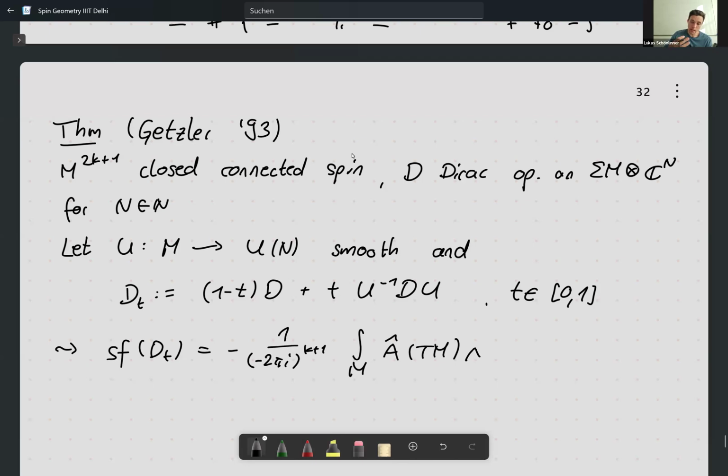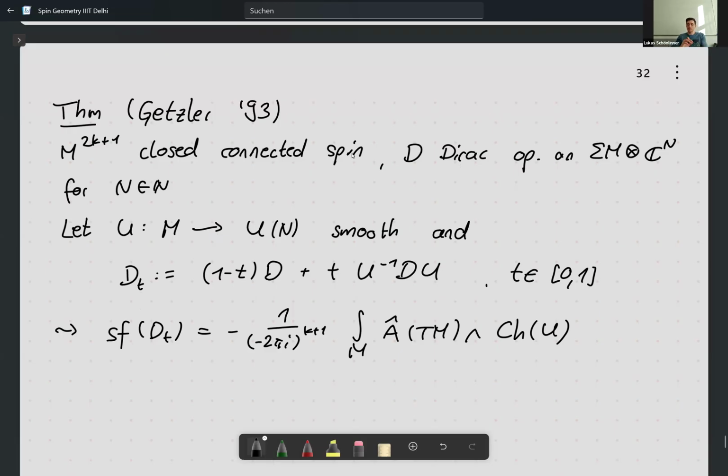Namely, we take the Â-class and wedge it with a Chern character, but it's not the Chern character of a vector bundle. It's an odd-dimensional analog of it, the Chern character of this map U. As for the Atiyah-Singer index theorem, I will not really explain what these characteristic classes are, but you can define them using Chern-Weil theory, for example.